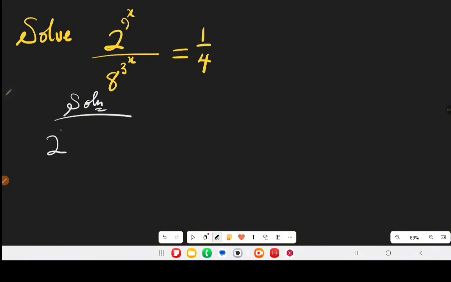2 raised to the power of 9 raised to the power of x, all over 8 raised to the power of 3 raised to the power of x, equal to 1 over 4.